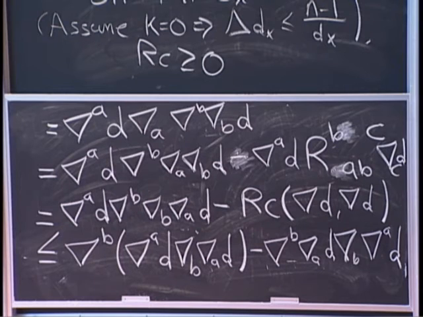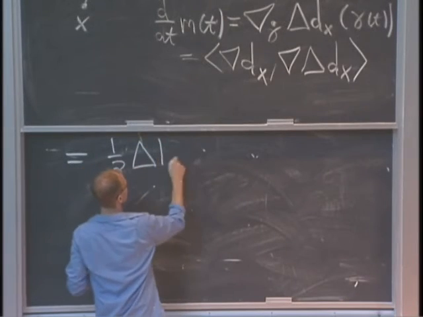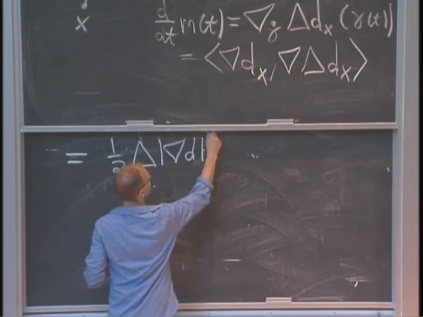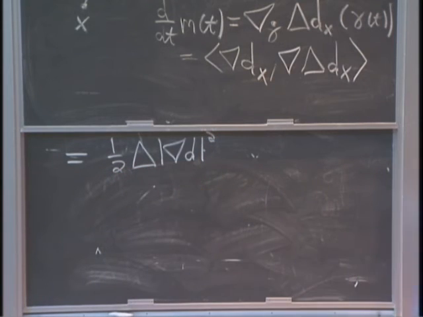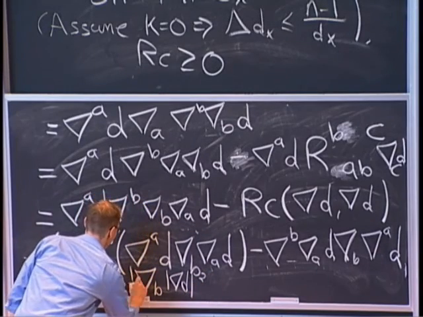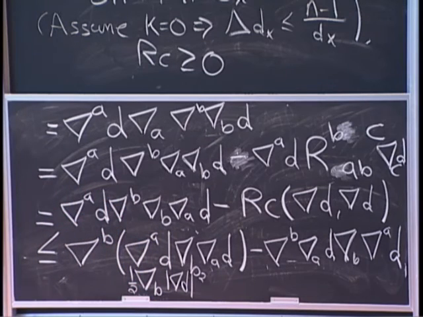So now what's the clever point here? The point is that that first term there is what? So that's just equal to, if I pull the dB out, I can rewrite this as 1/2 the Laplacian of the norm of the distance squared. Because this term here is just dB of dA squared, 1/2.